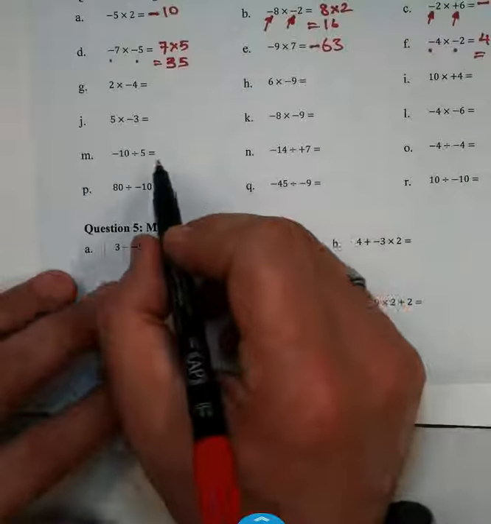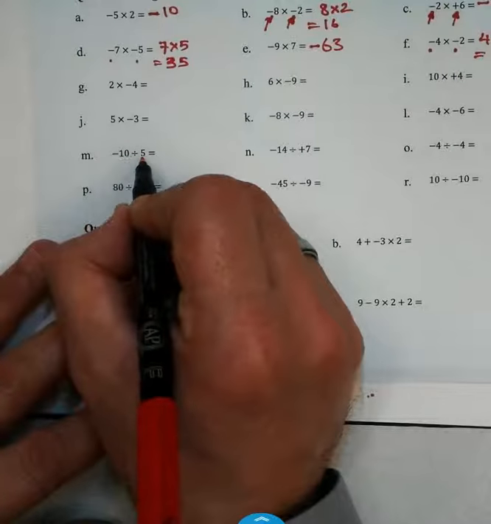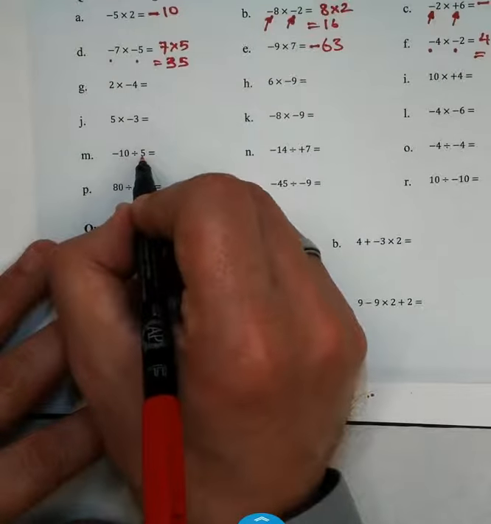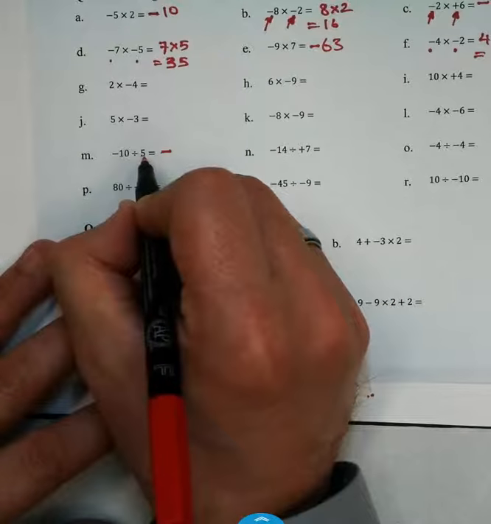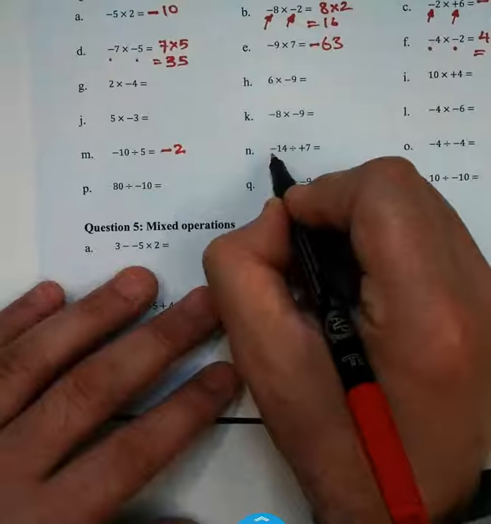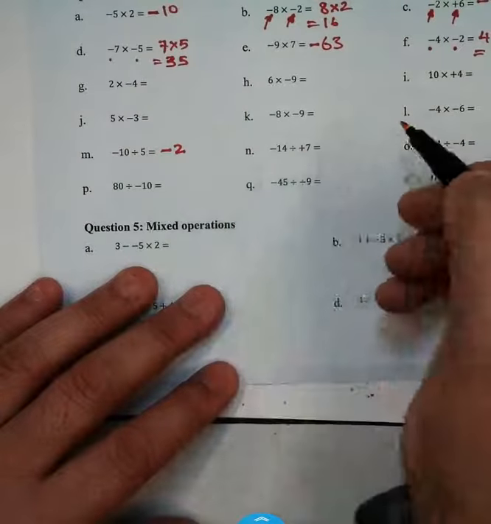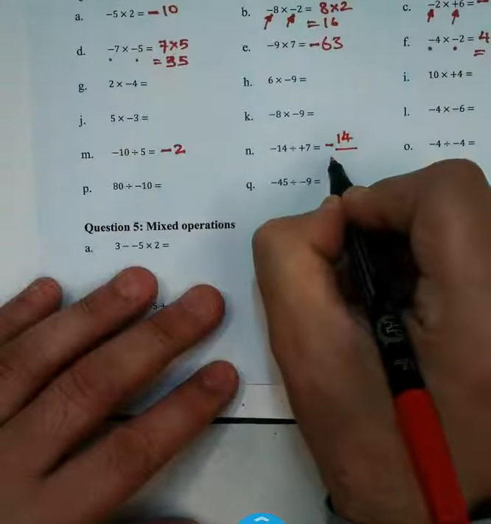Well, let's do a division. So we have minus 10 divided by 5. Again, you have a minus and a positive, so the answer must be minus. 10 divided by 5 is 2. Here again you have a minus and a plus, again minus 14. So I'll just put this in this form, just to give you an idea.